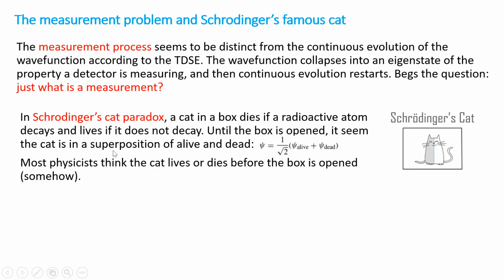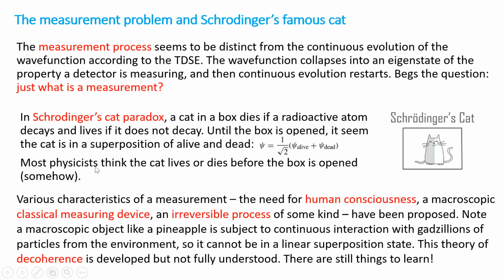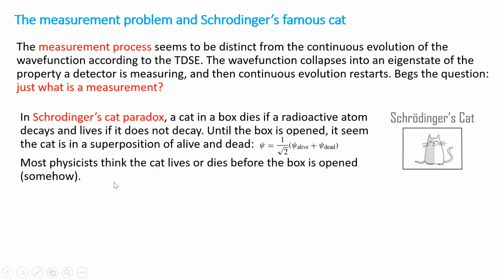If you're a physicist, you've heard this cat paradox many times, but it's easy to forget, the first time you hear it, how strange and bizarre it is, and what a great metaphor Schrodinger came up with to bring the strangeness of this measurement process to our attention. Anyway, most physicists think the cat lives or dies before the box is opened, somehow.